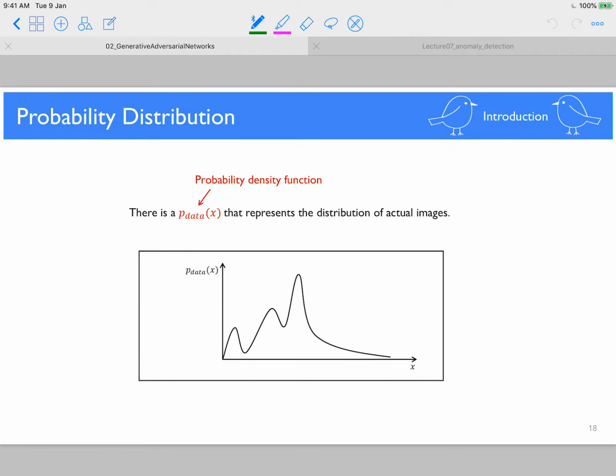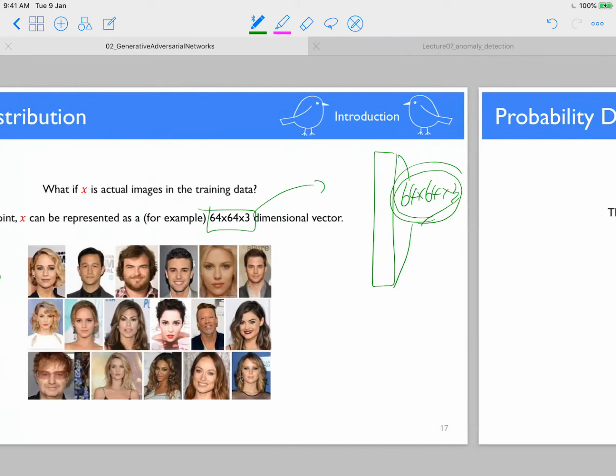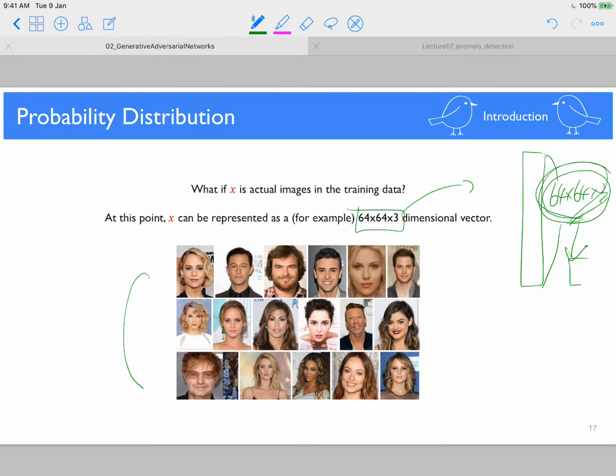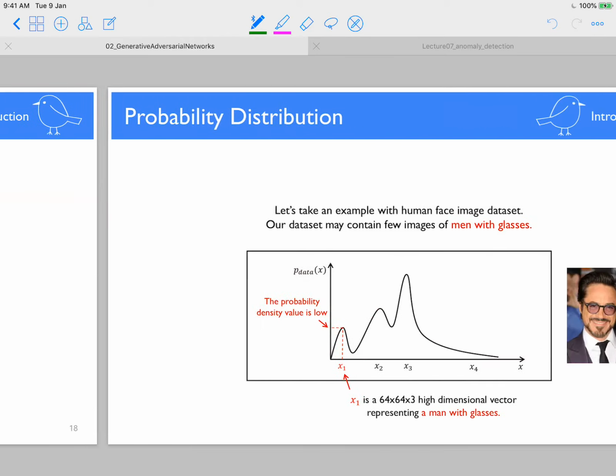Okay, so this is our ground truth but unknown probability density. But here in this case, this is just represented as a scalar value. Okay, so although we deal with this really high dimensional vector space, let's imagine that it is just a scalar, because that scalar is like a continuous value, right? And that way we obtain this kind of a continuous distribution.